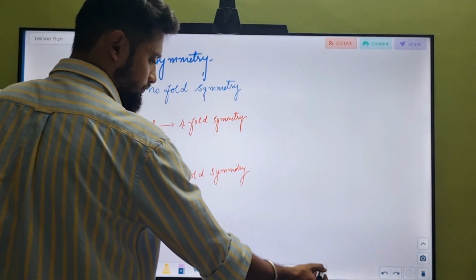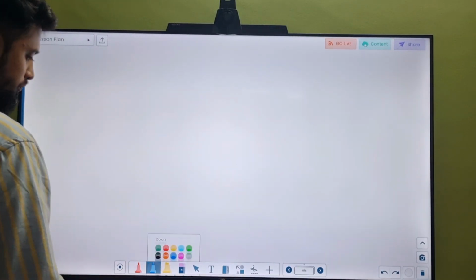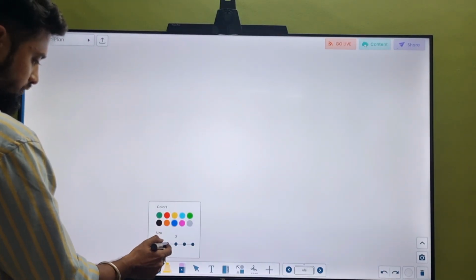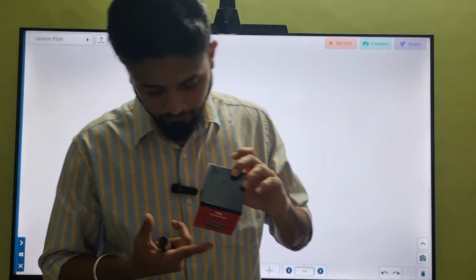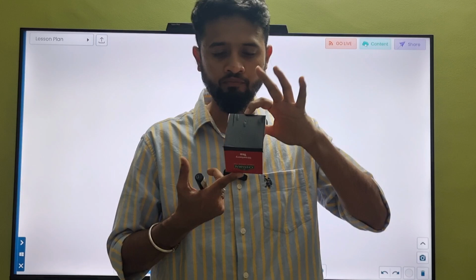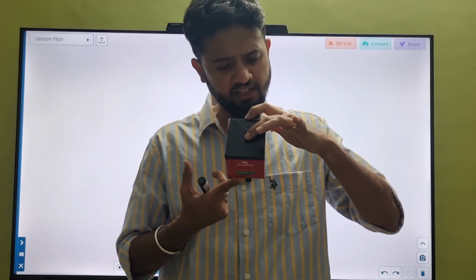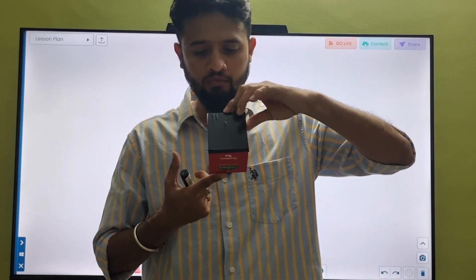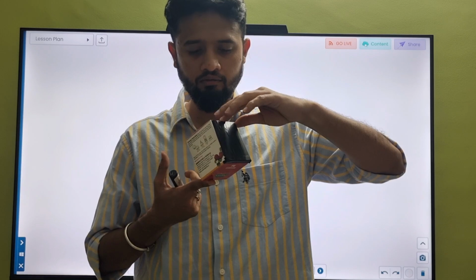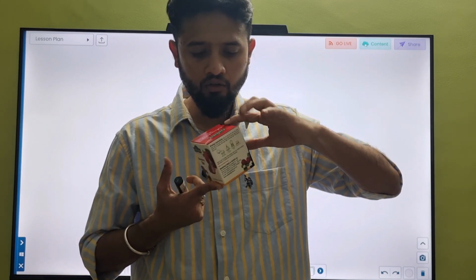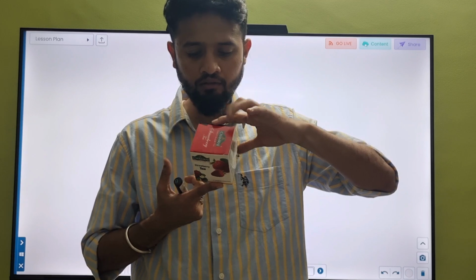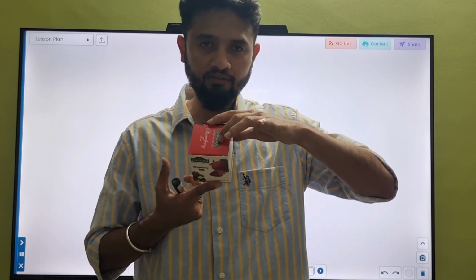Okay, now we'll move on to one more position of holding the crystal. I'll hold it along the edges. Now this is the face, similar thing. Rotate it, rotate it again. You'll get one face at the front.